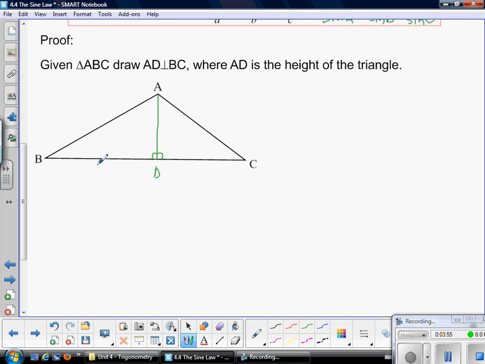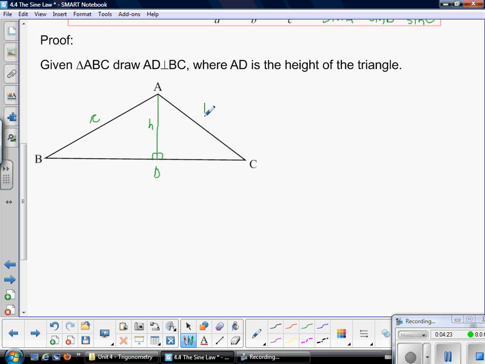We're going to call this h, because that's the perpendicular height of this triangle. I'm going to use the original angles to get the sides. I'm going to call this side c because it's directly across from angle C, and this directly across is b.